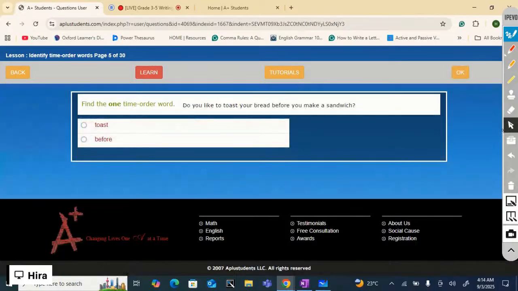Do you like to toast your bread before you make a sandwich? Now, which word is a time order word? If you give the answer, I'll explain it for you. I'll explain what does it show, whether it shows past, present, future, or sequence of events.